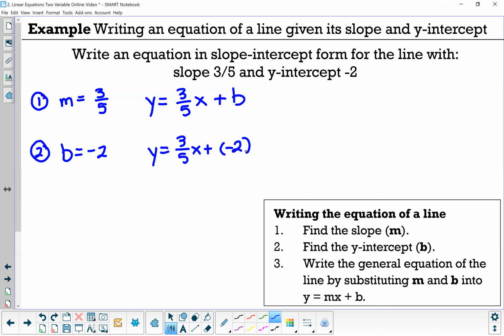Okay, that's a perfectly acceptable equation for a line, except we can simplify the way this is written. Instead of writing the plus negative, we can rewrite this as y equals 3/5 x and just -2.